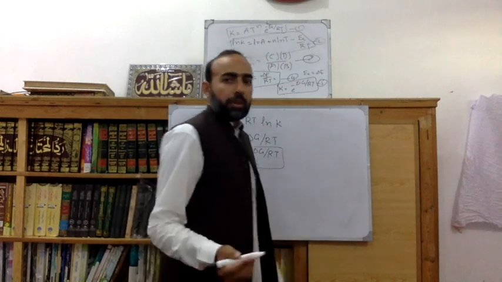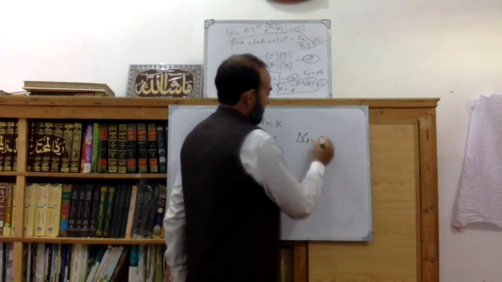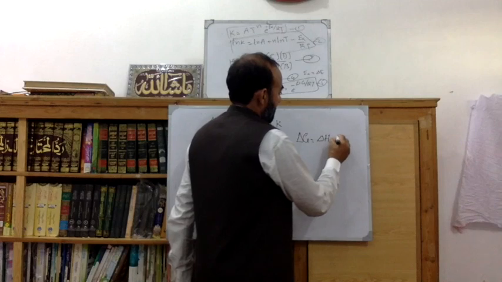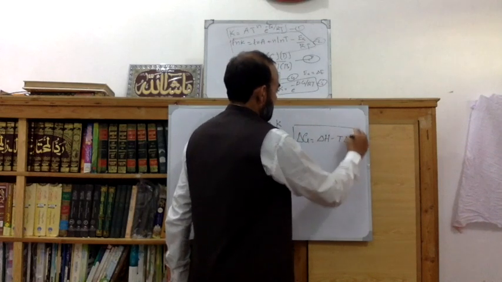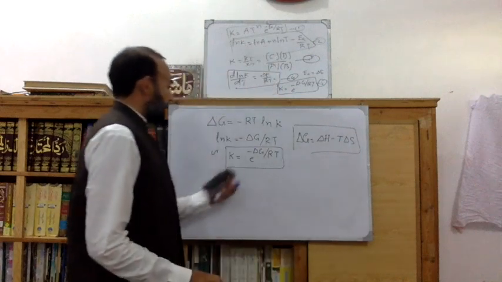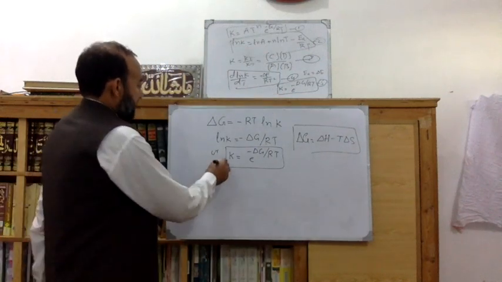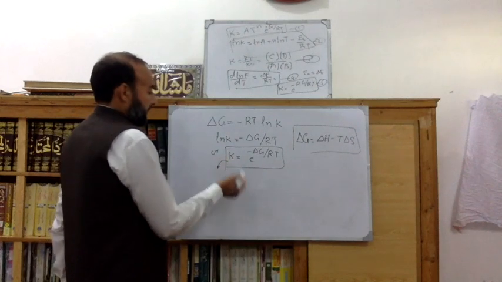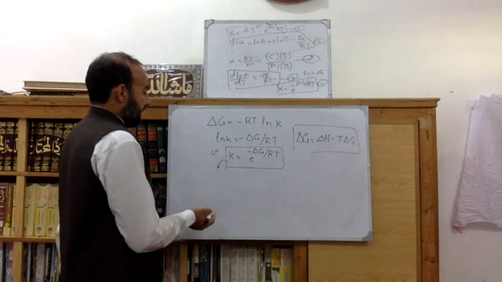We also know from thermodynamics that the change in Gibbs free energy is equal to the change in enthalpy minus T times the change in entropy. This is another relationship we can use later on. This equation can be modified for the forward and backward reaction.